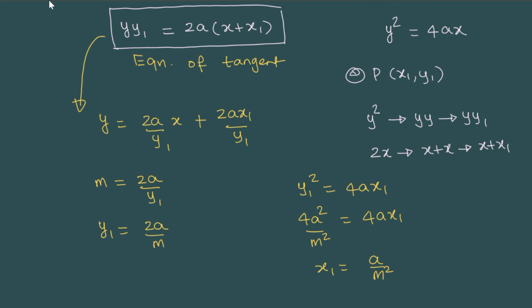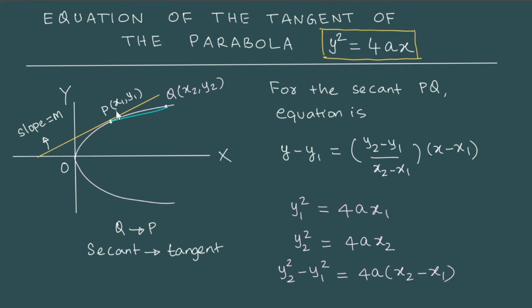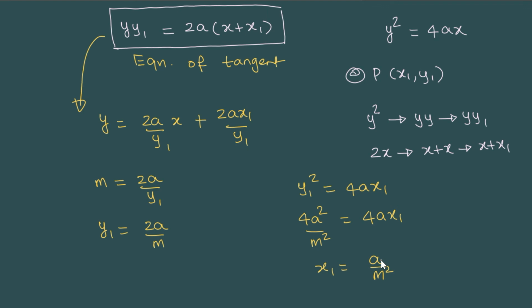the coordinates of the point p x1 comma y1, if you want to write it a little differently, you could have written it as, let's say I'll write it here. So p can be, the coordinates can be a by m square, so that is the x coordinate, and the y coordinate is 2a by m.